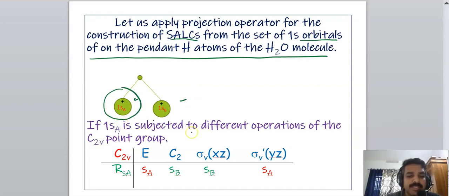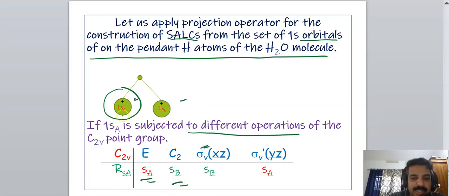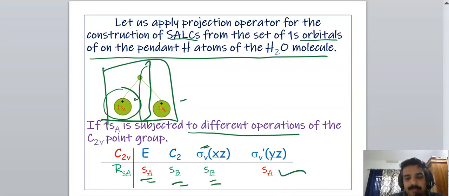And if 1sA is subjected to the different operations of the C2v point group, we know that on the E operation 1sA becomes 1sA itself. On C2, 1sA is converted into 1sB. On sigma v xz, this plane, 1sA is converted into 1sB. And on sigma v yz, this molecular plane, 1sA remains as 1sA.